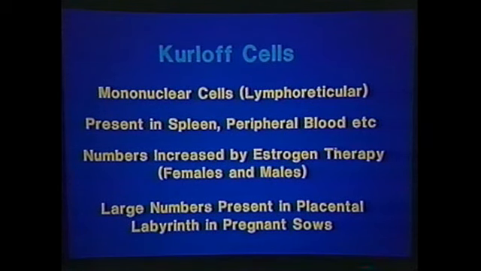One intriguing hypothesis is that these cells are actually monitoring and preventing the transfer of fetal antigens to the maternal circulation. So Kurloff cells are unique for the guinea pig, and it's something that we should be well aware of.